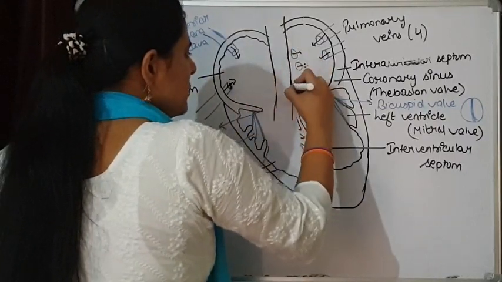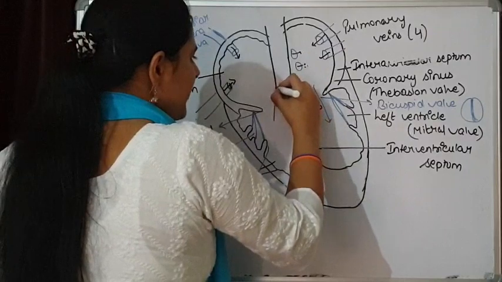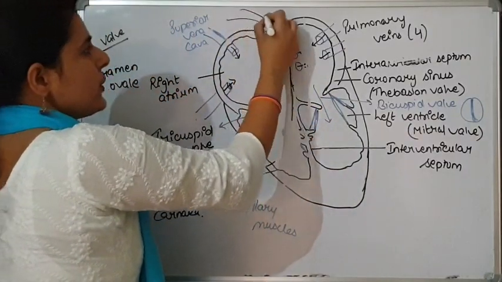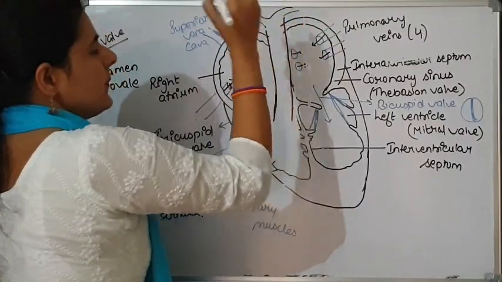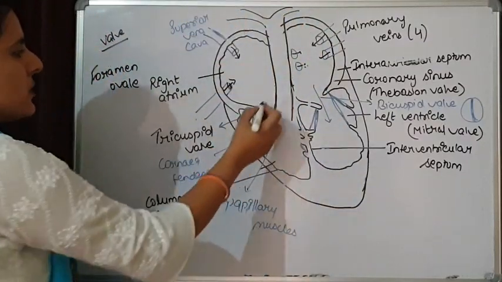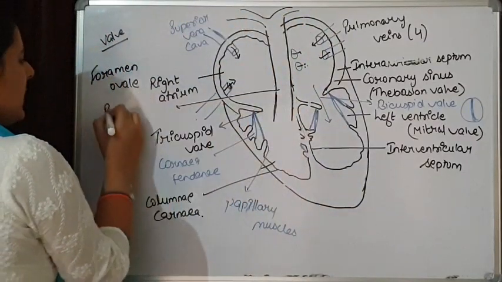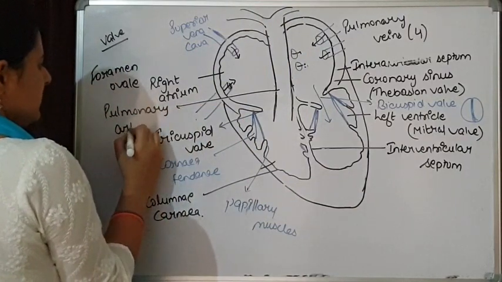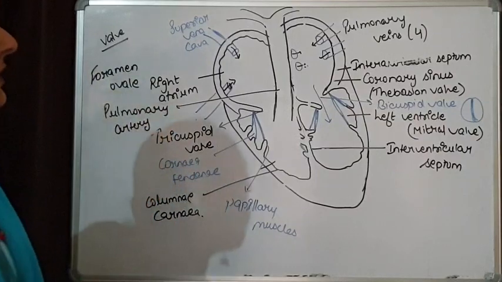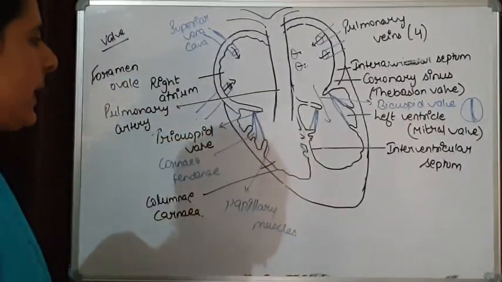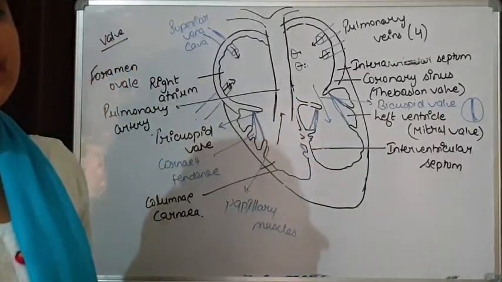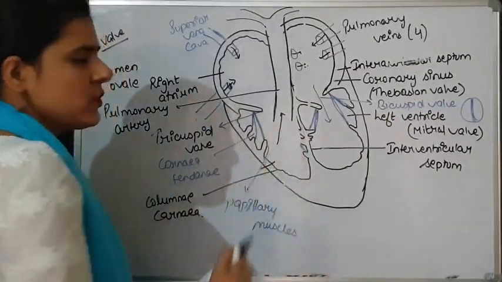This is going to arise from the right ventricle and it is bifurcating into two. And this is known as pulmonary artery. So this pulmonary artery, when ventricles contract, blood is going to enter into the pulmonary artery from the right ventricle.